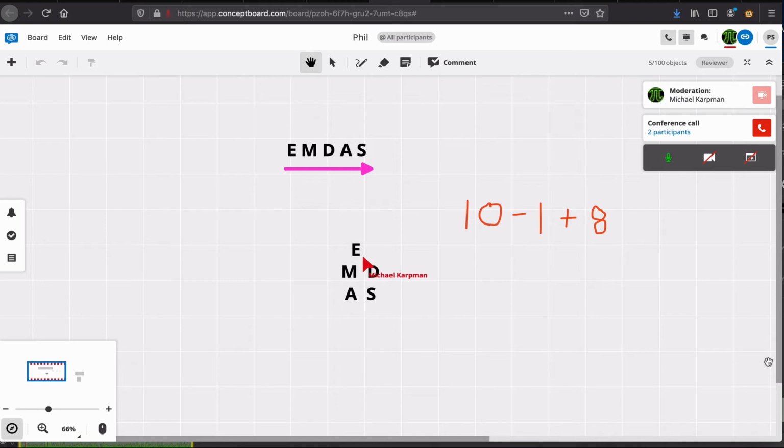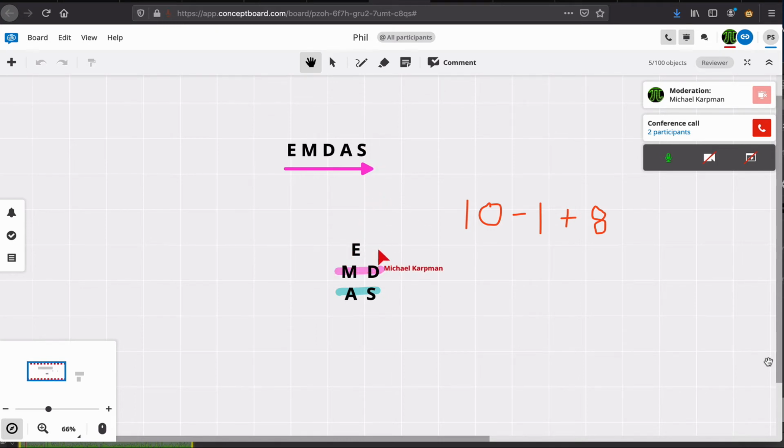Okay, so this is how I like to think of it, because now we have three levels of operations. We've got the addition and subtraction. We've got the multiplication and division. And we've got the exponents up here.